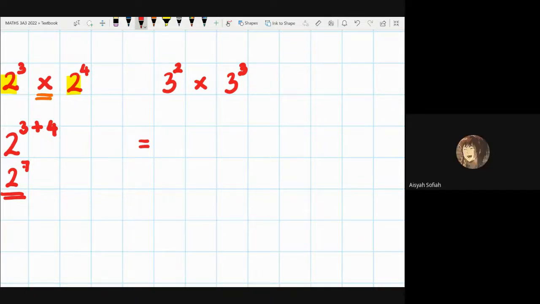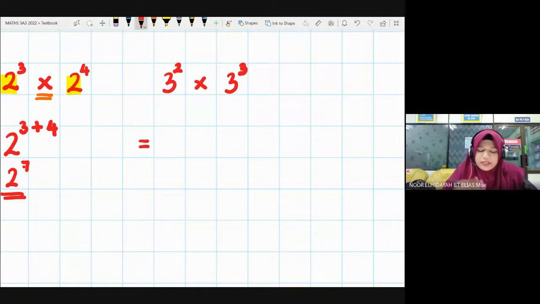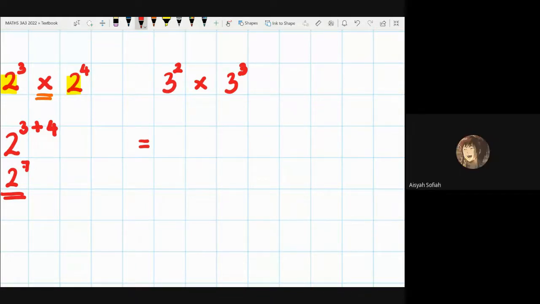The answer is 3 to the power of 5. Okay, please explain how you get 3 to the power of 5. Ada 3 to the power of 2 dengan 3 to the power of 3 kan. So kena tambah 2 dengan 3 tu. Okay.